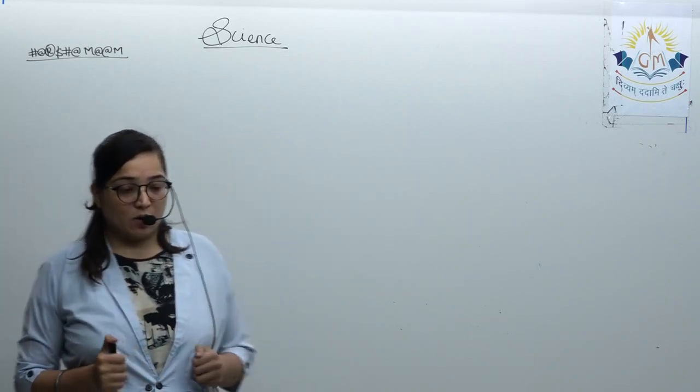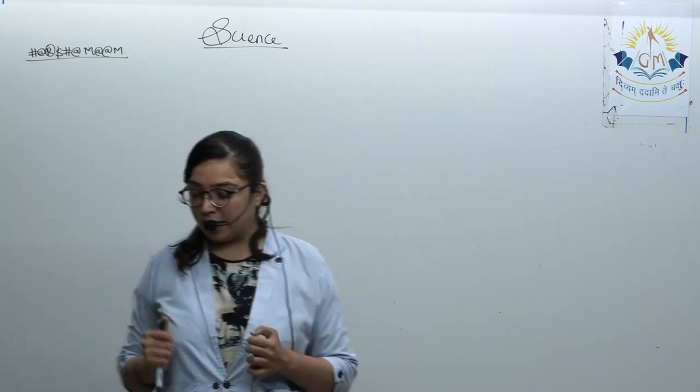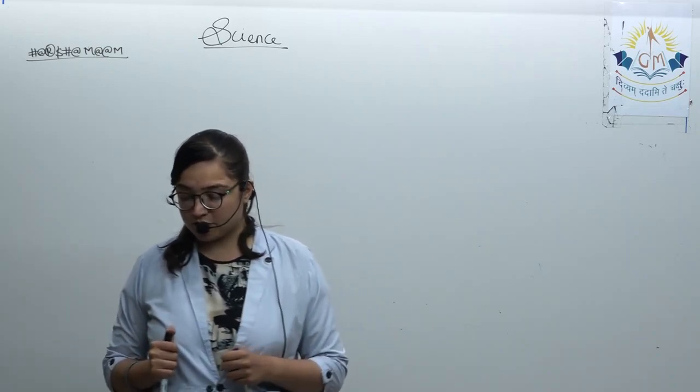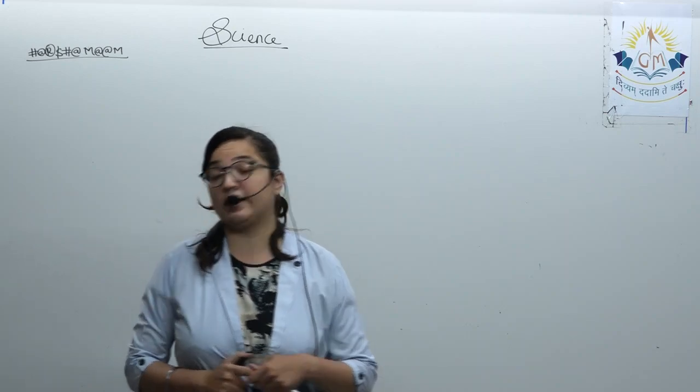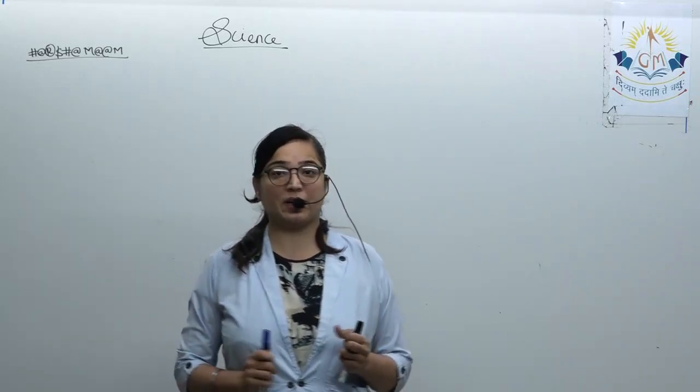So, let's start on. The very first question is: name the cell in our body which is about a meter in length. You have studied that the longest cell is the nerve cell, which is of about 1 meter in length.